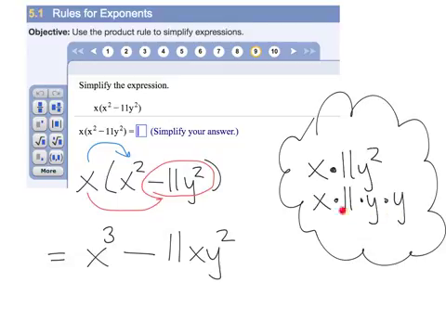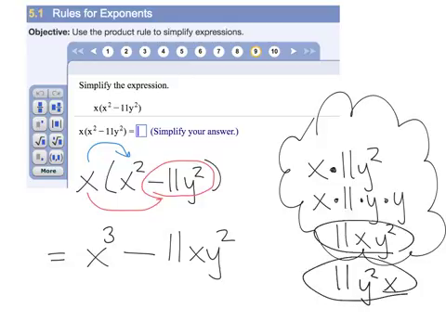And you can use the commutative property to move it around and make it look pretty, but basically you're going to get 11xy squared, y to the power of 2. We traditionally put the letters in alphabetical order, but technically, if you wanted to, you could have had 11y squared x, and that would also be correct. Either of these would have been correct.